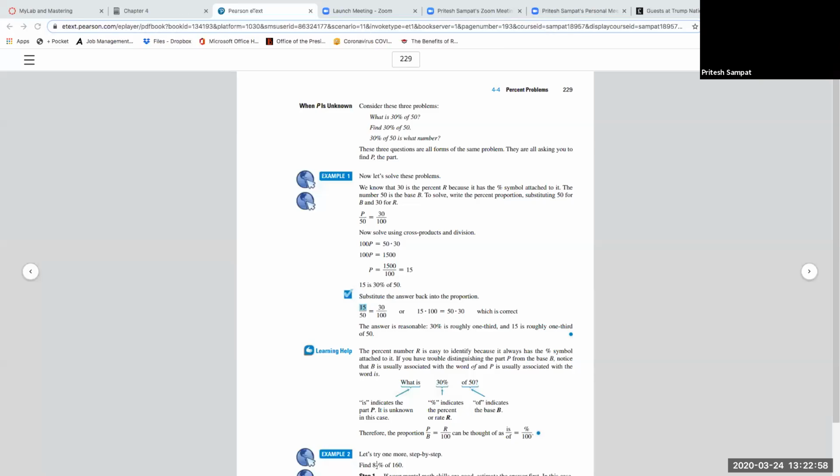So on page 229, we're going to look at a situation when the part is unknown. When the part is unknown, you'll typically see these configurations where you'll have a percentage and you'll have the whole amount. But the only way to know it's the whole amount is that it'll be indicated by the word of.